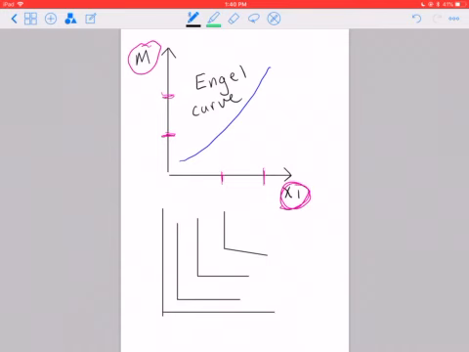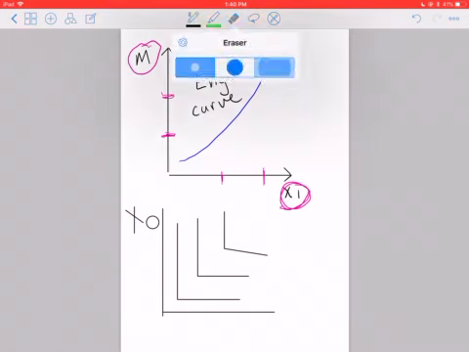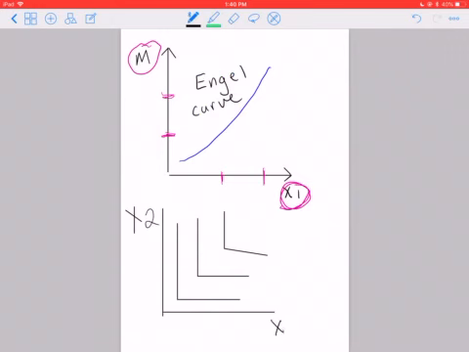We demand only as much of x2 as we do of x1, because we like to consume these together. Think about left and right shoes. Then we'll draw another straight line going through the middle of those. Since this line is straight as well, it means that our demand is consistent along these points.